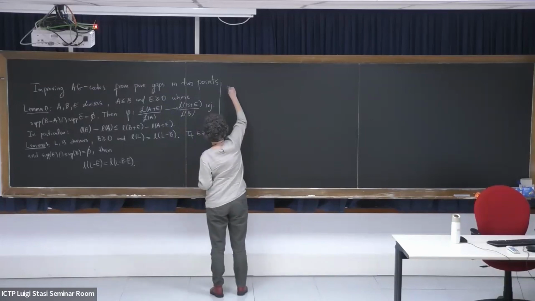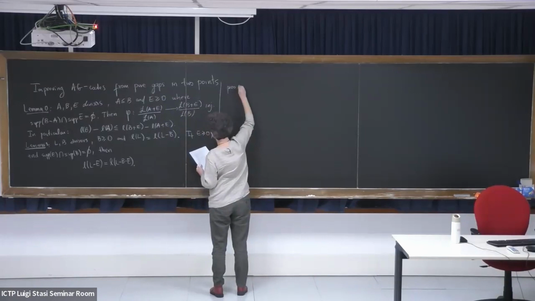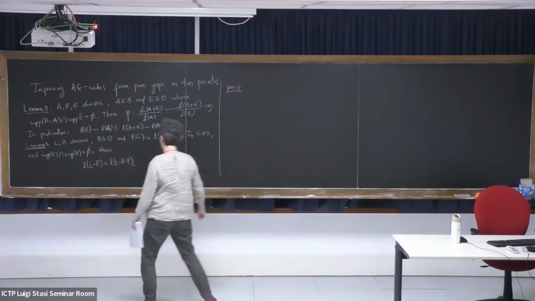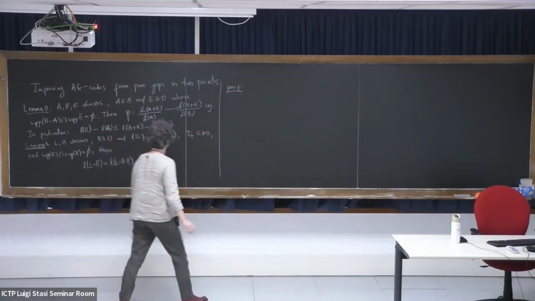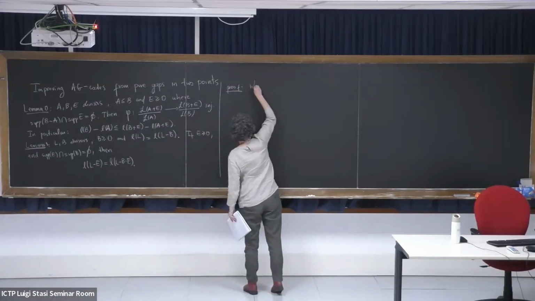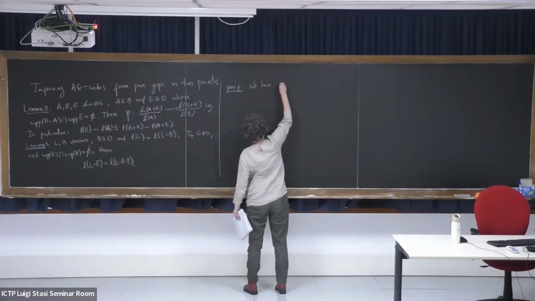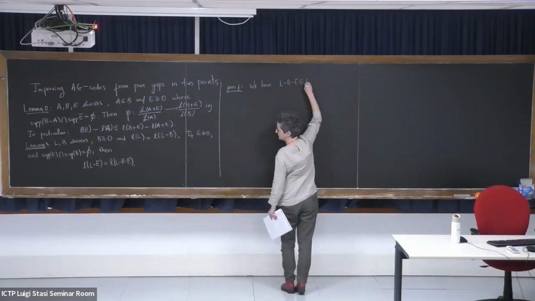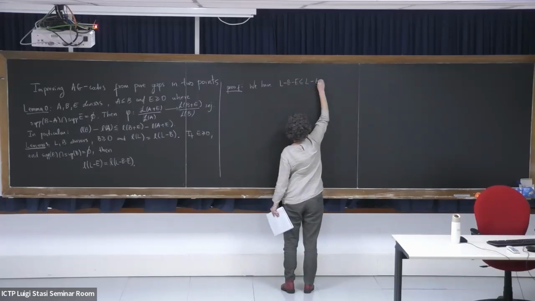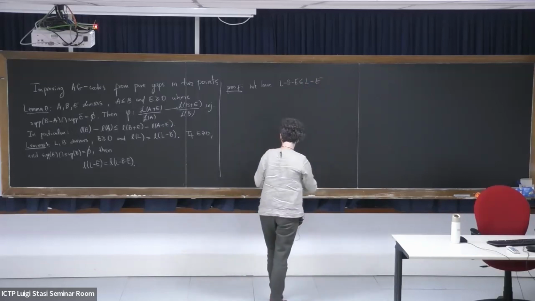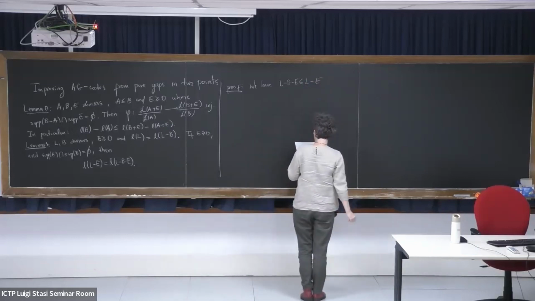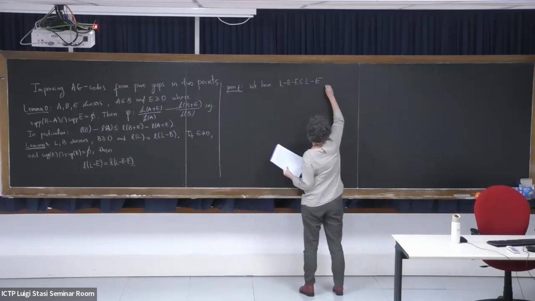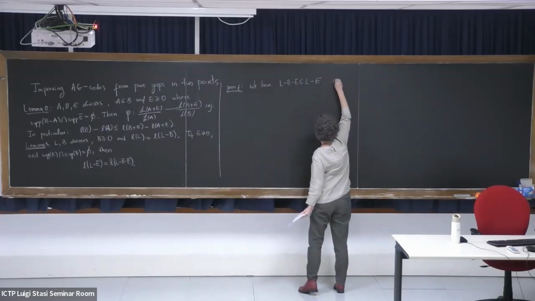So, proof of this one. We want to prove this. So we have that this divisor is smaller than this divisor, and E is positive.